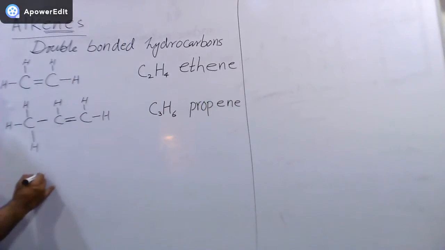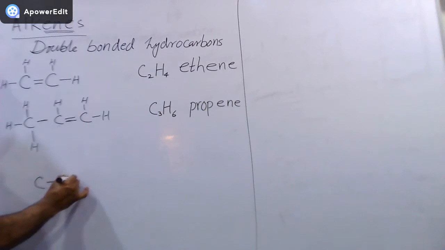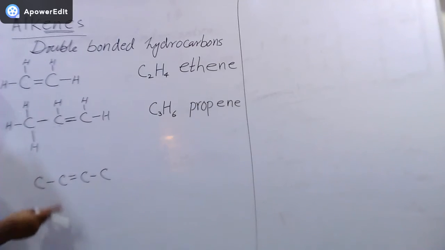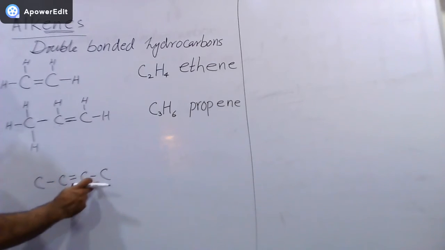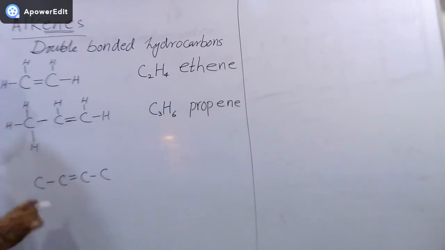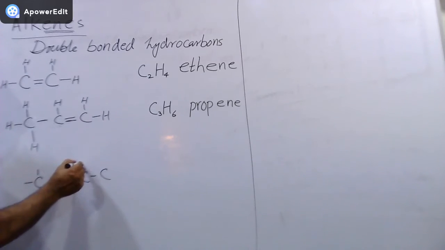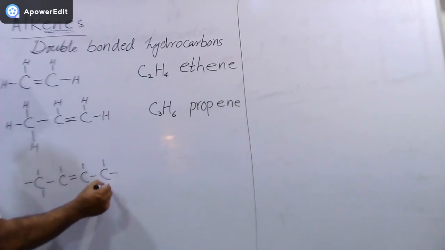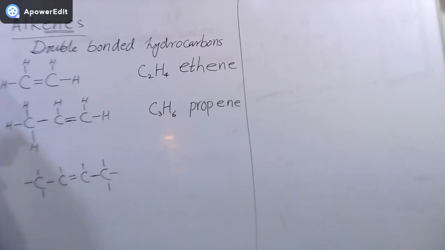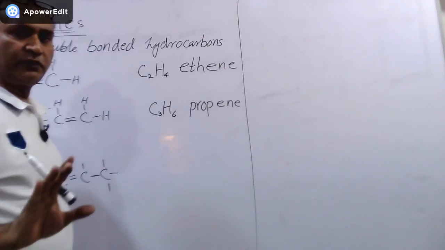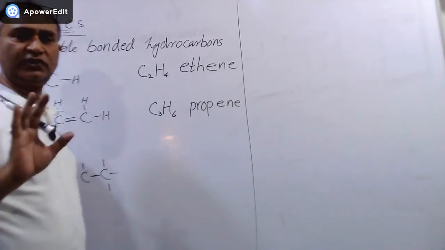If we have 4 carbons, having a double bond anywhere like this. You can draw the double bond over here, or over here. Okay, one and the same thing. Each carbon is surrounded by just 4 dashes, not more than 4 dashes, not less than 4 dashes.